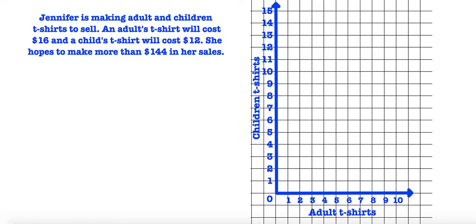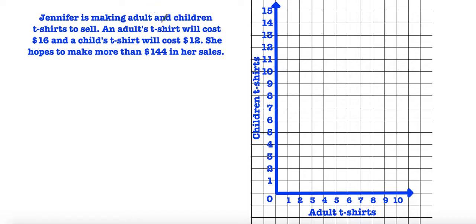Okay, so here we have another problem. Jennifer is making adult and children t-shirts to sell. An adult's t-shirt will cost $16 and a child's t-shirt will cost $12. She hopes to make more than $144 in her sales.